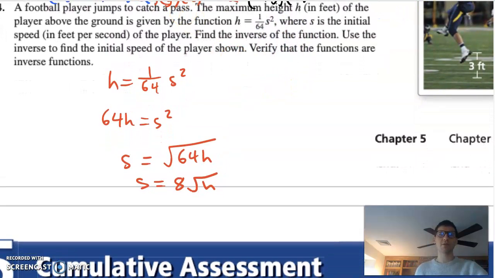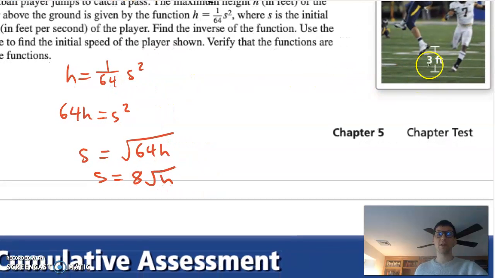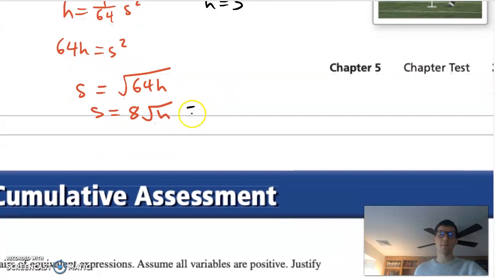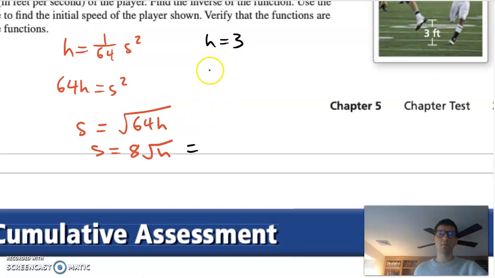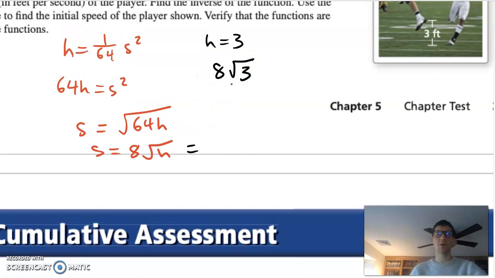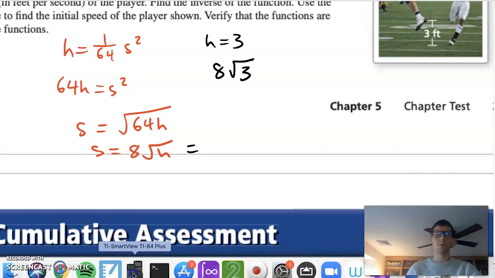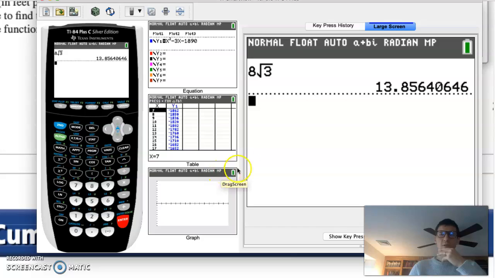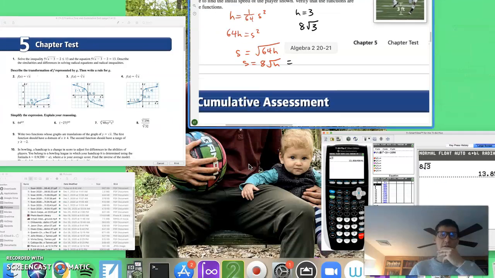We could verify, now it's saying, or use it to find the initial speed of the player shown. Well, in this case it looks like the height is 3, so it would be 8 root 3, which if we were to calculate in our calculator, we could get a decimal approximation. 8 times the square root of 3, oops, 13.9 if you wanted to round it to the nearest tenth, or 13.86 to the hundredth.